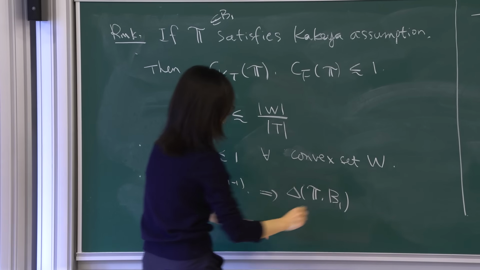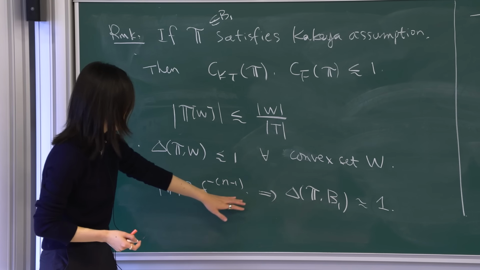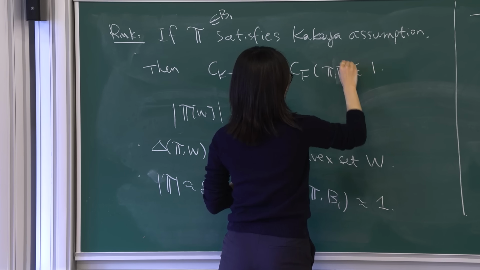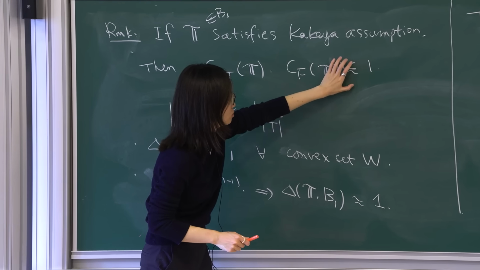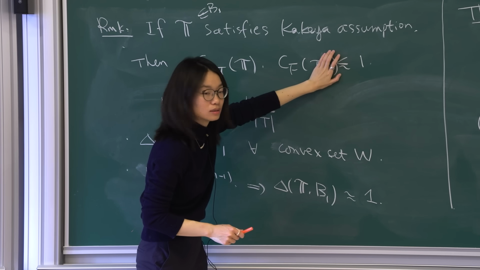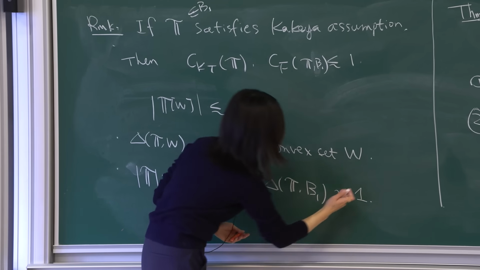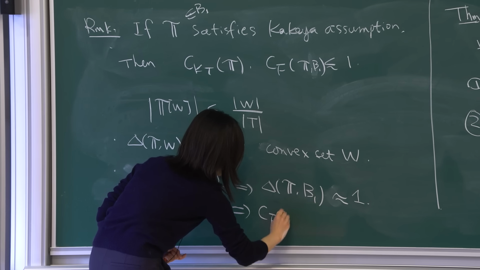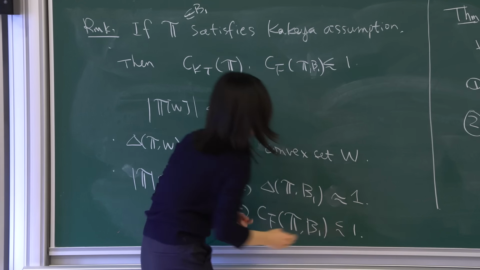Since it's contained in B1, the density is roughly 1. Usually when W is the unit ball, I sometimes omit it from the notation. So the Frostman constant in B1 is less than 1.